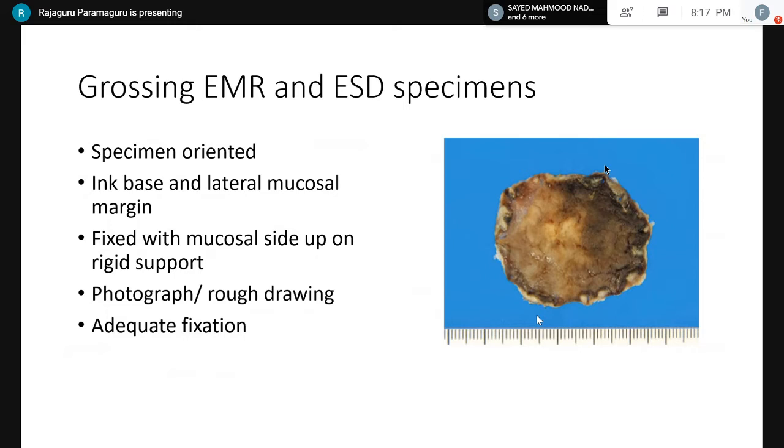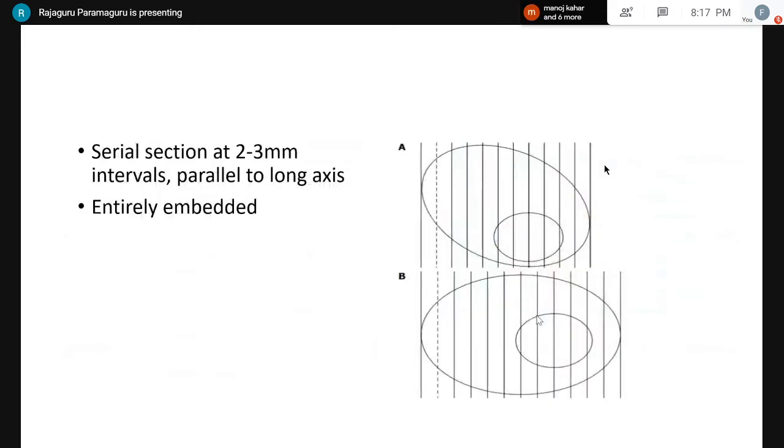So we'll have to serially cut this tissue at 2 to 3 millimeter intervals parallel to the long axis, and entirely embed them to look for any invasion if there is, and to look for the distance from the margin, be it the base or the lateral margin.